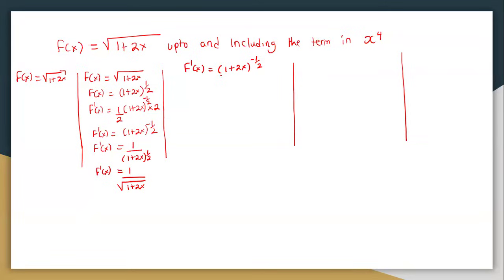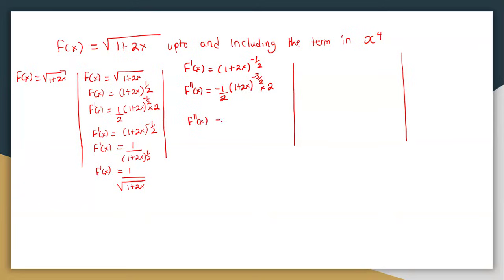So for the second derivative, we drop the negative a half, then we reduce the power, giving power negative 3 over 2, then times 2.